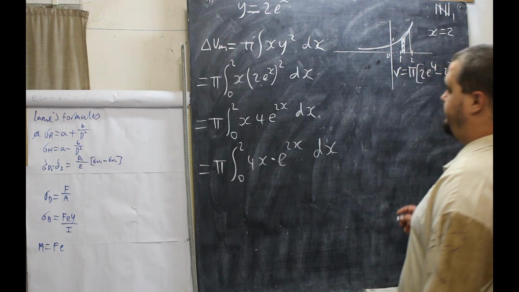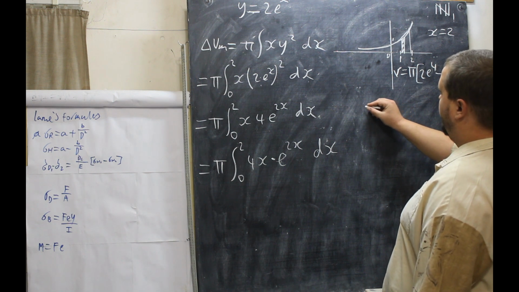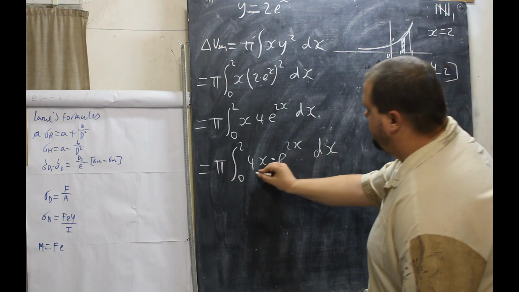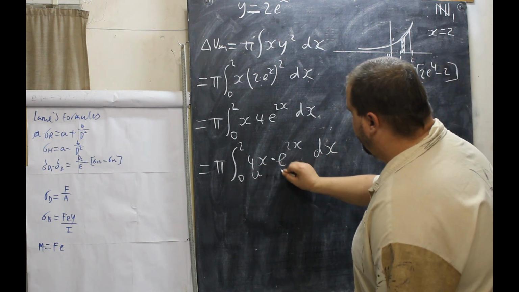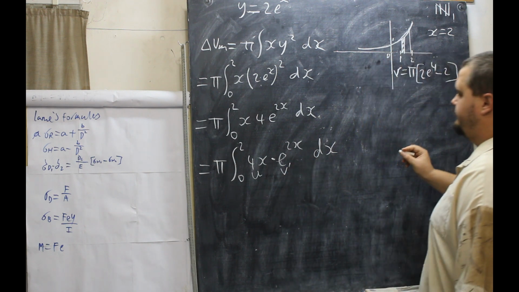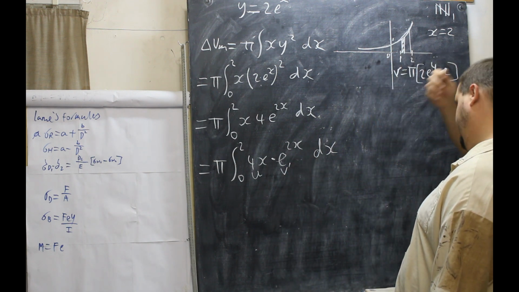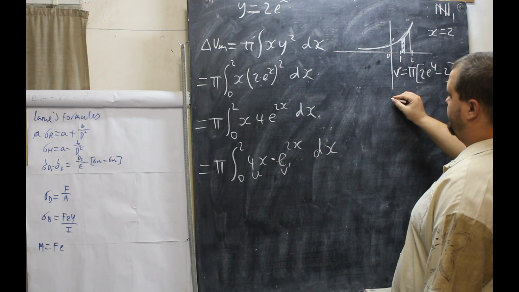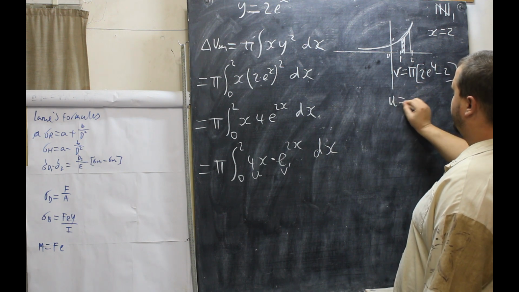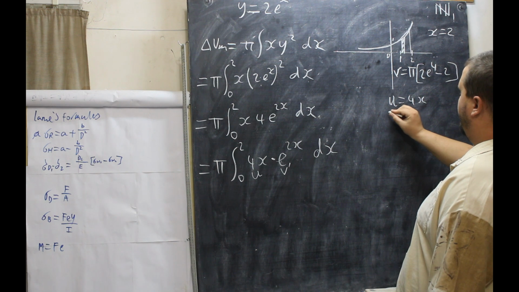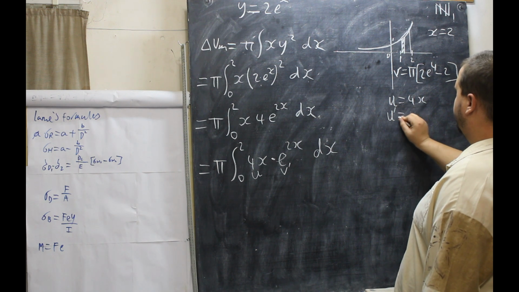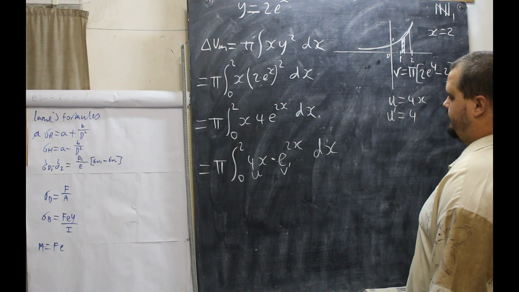Now we've got to use integration by parts. So integration by parts will work like this: this is u and that's v prime. So now we've got u is equal to 4x and u prime is equal to 4.